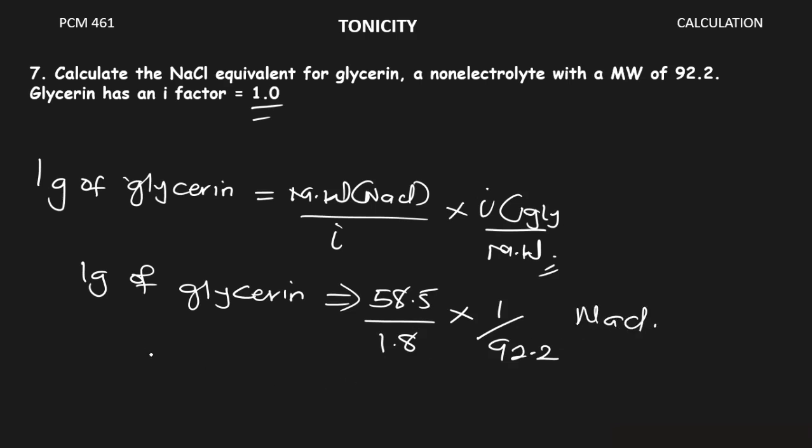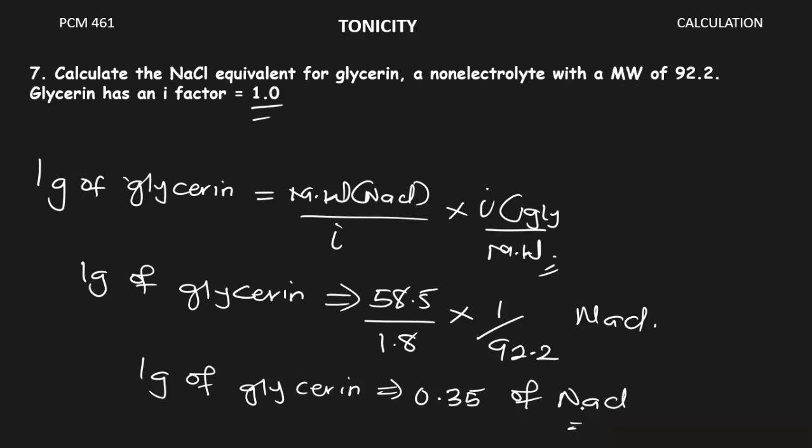So the sodium chloride equivalent now will be: 1 gram of glycerin is equivalent to 0.35 of sodium chloride. That's why they call it the sodium chloride equivalent of 1 gram of that compound. So when you are reading the material and you see the sodium chloride equivalent of that compound, 1 gram of glycerin is equal to 0.35 of sodium chloride. Do you understand now?